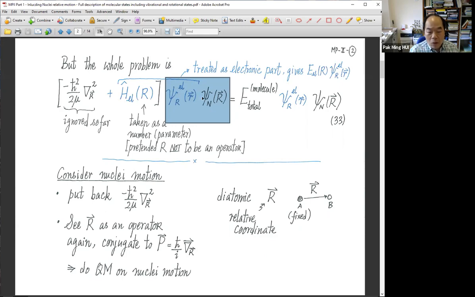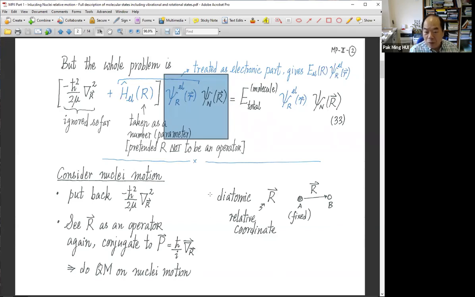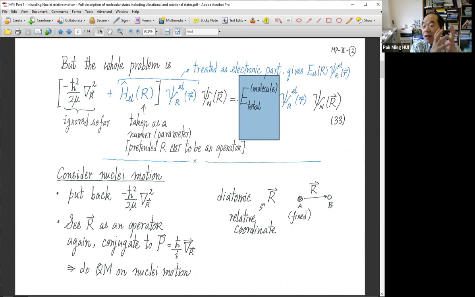So the full molecular Schrödinger equation is, bring this term back, electronic part of the Hamiltonian, so this is the full Hamiltonian, the whole molecule's wave function equals the whole molecule's energy. Now this is the energy characterizing the whole molecule.